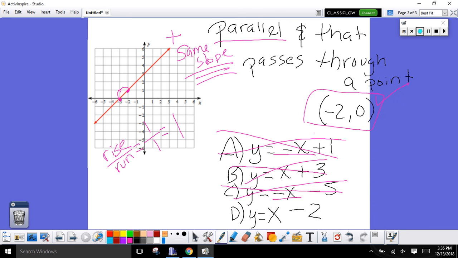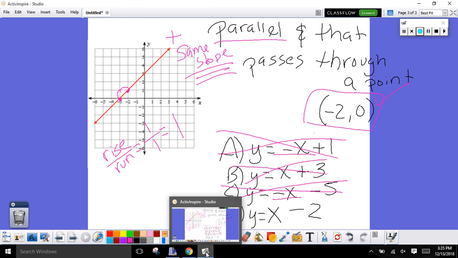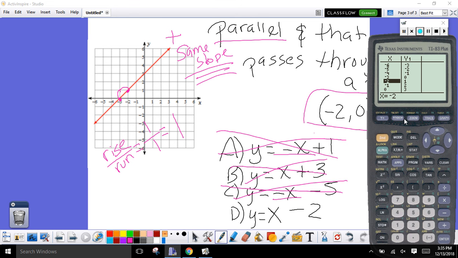Let's just check D, because I want to make sure I get this question correct. So I go to y equals, I have x plus 3, so now I'm going to change that to a -2, because that's what D says.